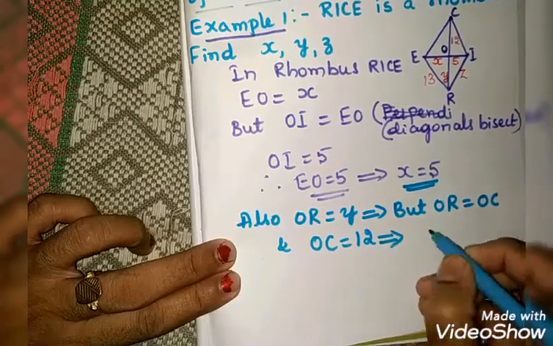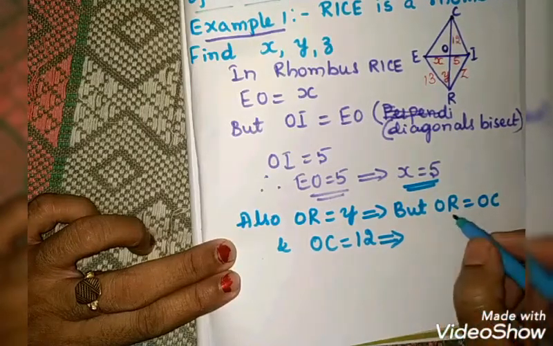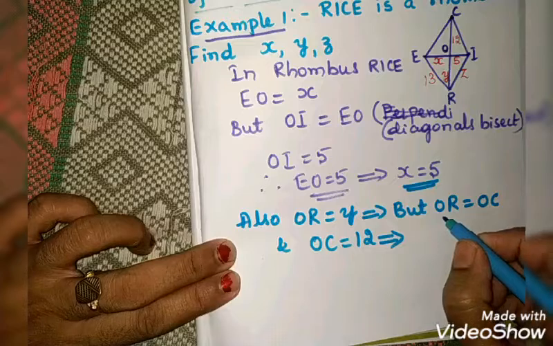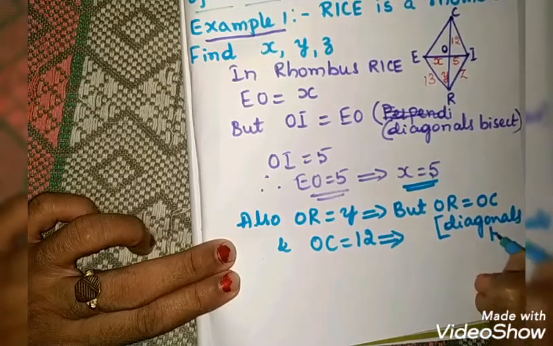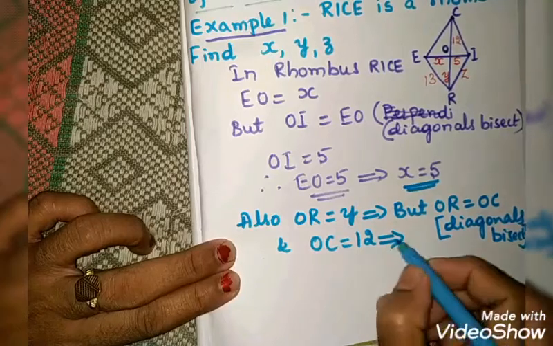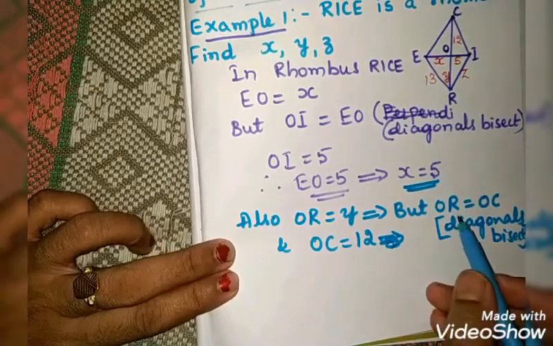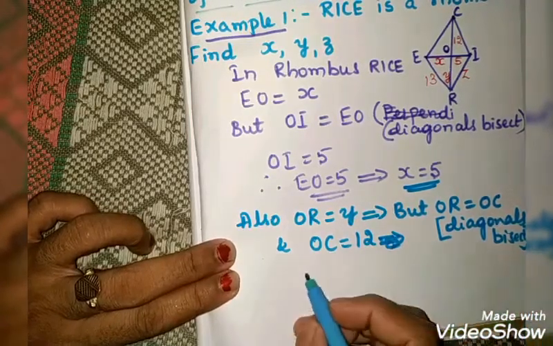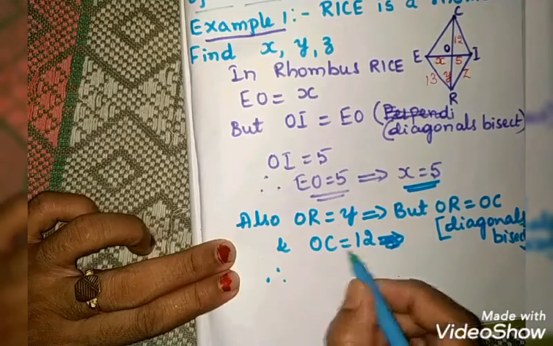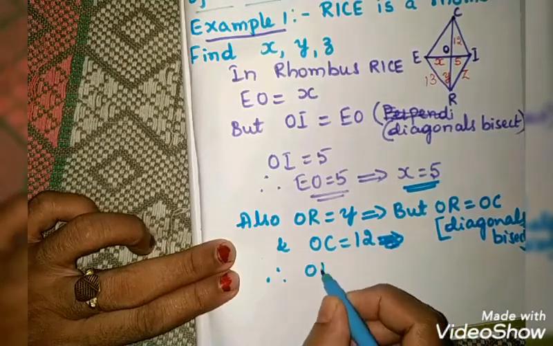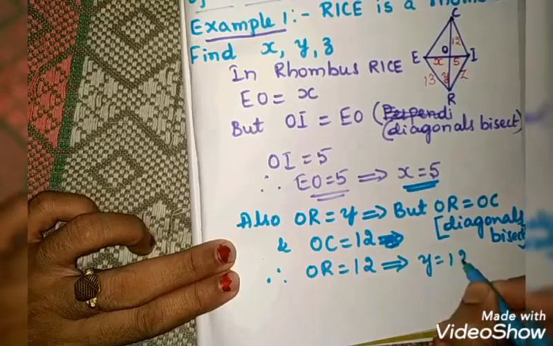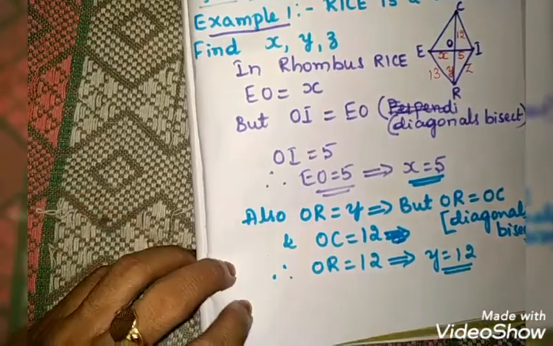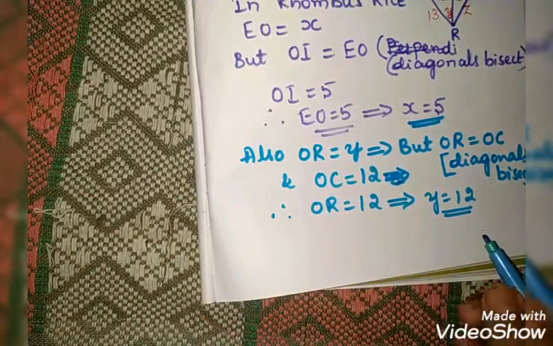What is the reason you can write, children? Diagonals bisect. This is the reason you can give here. OR is equal to OC. Why? Diagonals bisect. Therefore, OC is equal to 12. Therefore, OR is also equal to 12. That implies Y is equal to 12. Again, one more unknown we found out. Right?